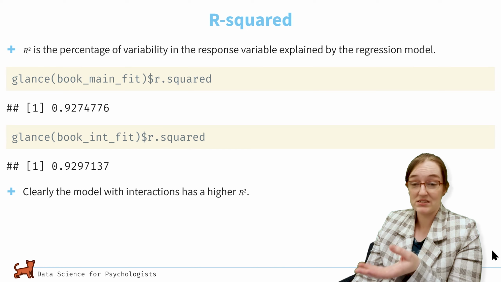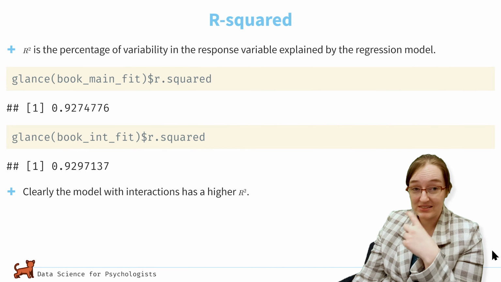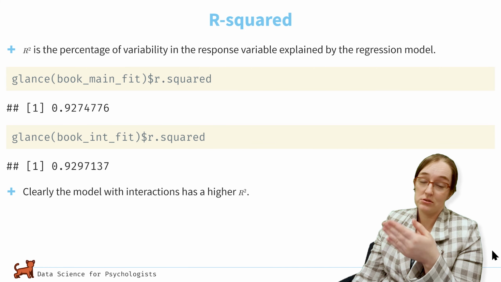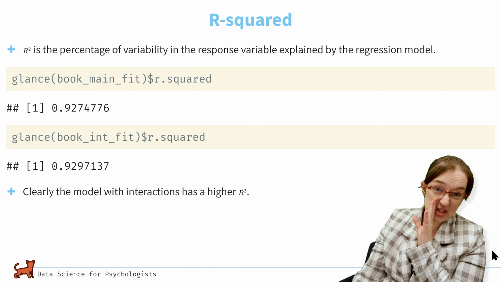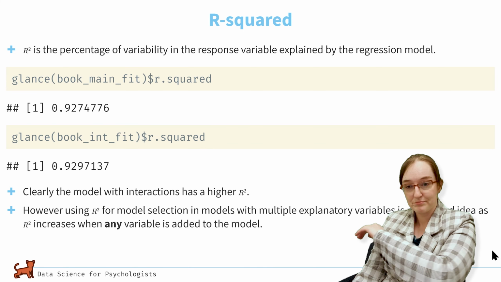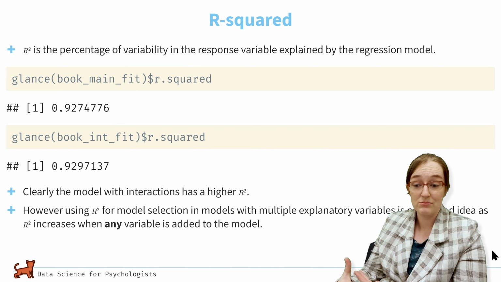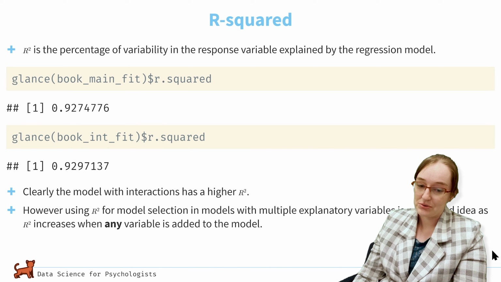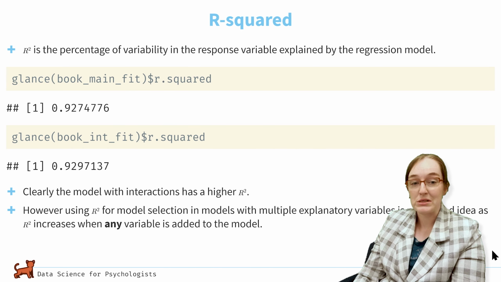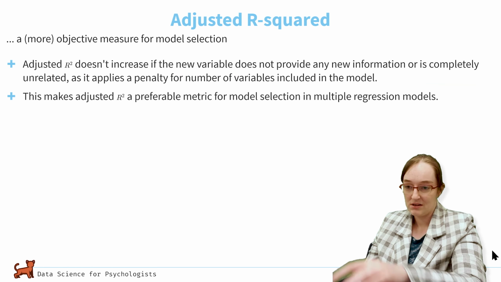And this raw R-squared does not have any kind of penalty or incentive structure to not put in every variable, which is effectively what machine learning is. So for model selection with multiple explanatory variables, it is not a good idea to base your entire decision on that difference.